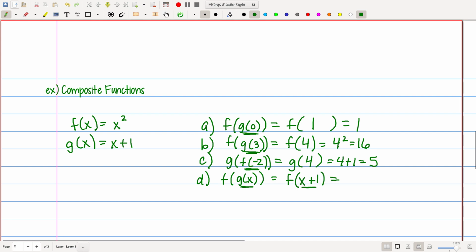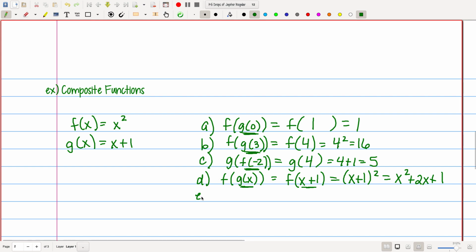So I'm going to plug x plus 1 in right here in f of x. So I'm going to have x plus 1 squared. And then if you were to do a 2x2 box here, your final answer would be x squared plus 2x plus 1. Okay? And that's an example of a composite function. You're literally plugging one function into the other function.